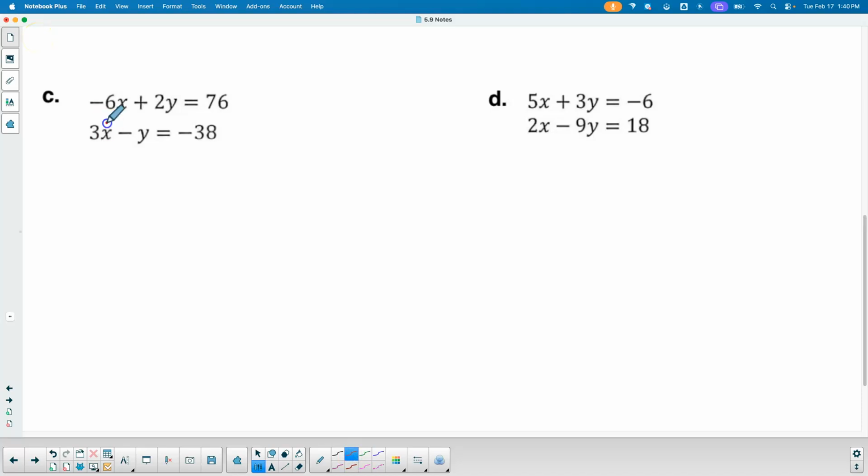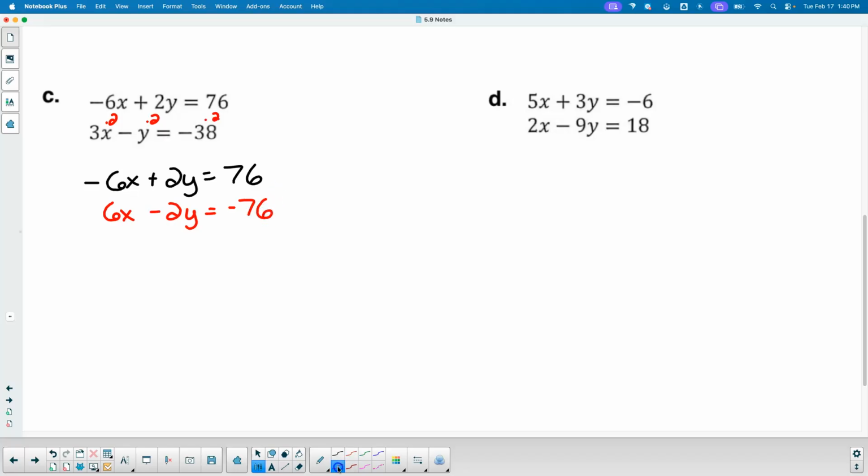So we said we were going to multiply this bottom equation by 2. So then that's going to give us negative 6x plus 2y equals 76. And then that's going to give us 6x minus 2y equals negative 76.